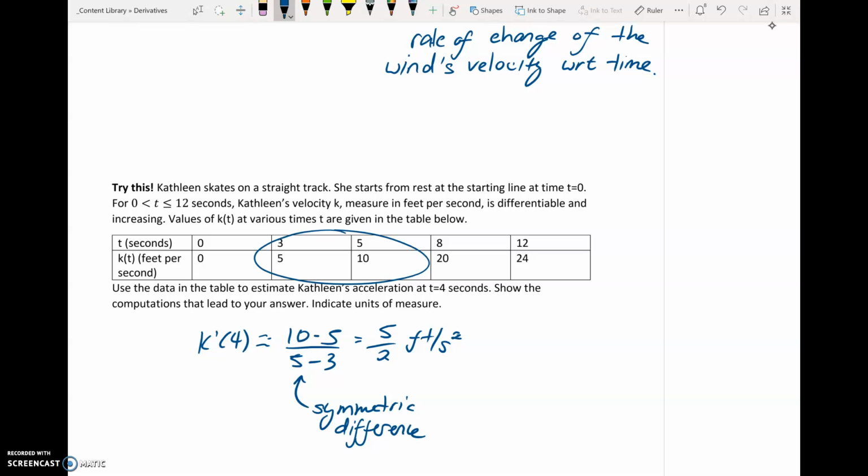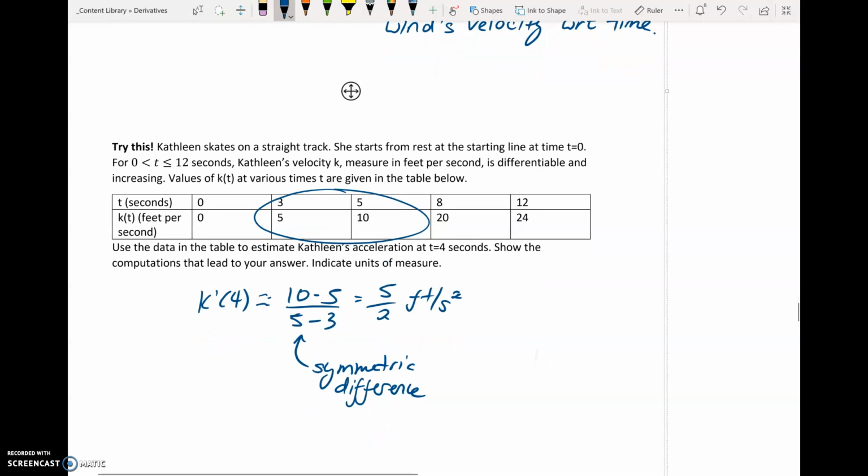So if we're looking at the derivative of k of t, which is k prime of t, we're looking at the rate of change of Kathleen's velocity with respect to time. So we're going to find Kathleen's acceleration, which is k prime of t, because that's the rate of change of the velocity, at t equals 4 seconds.